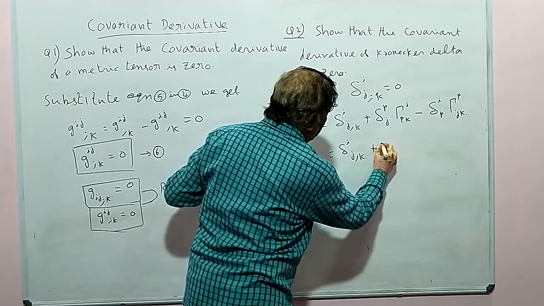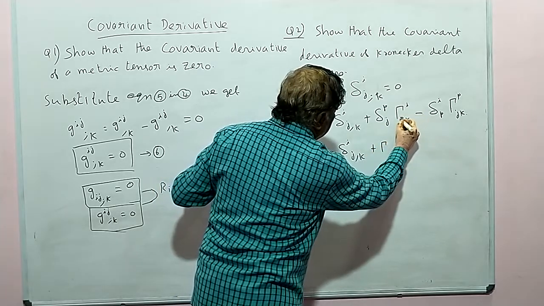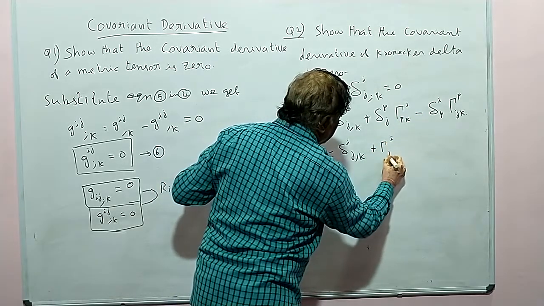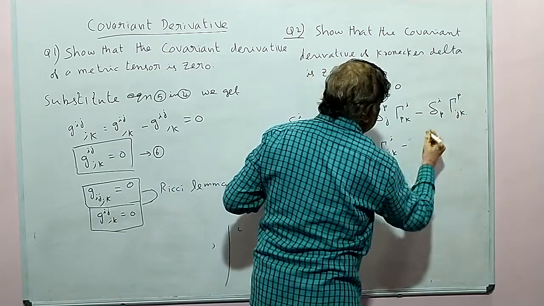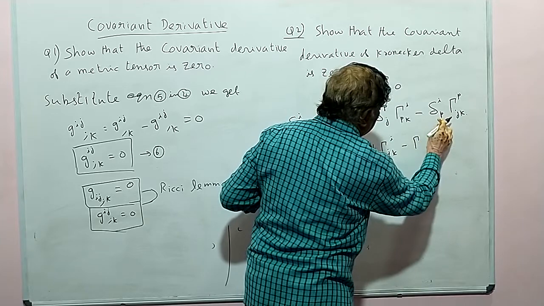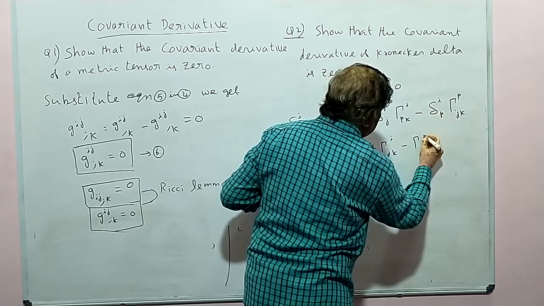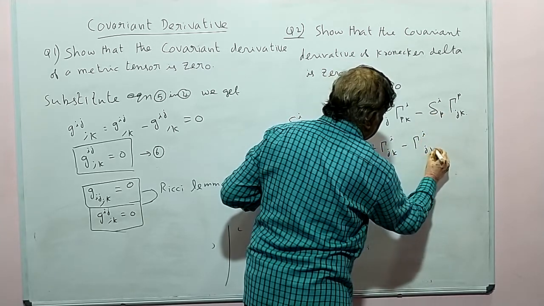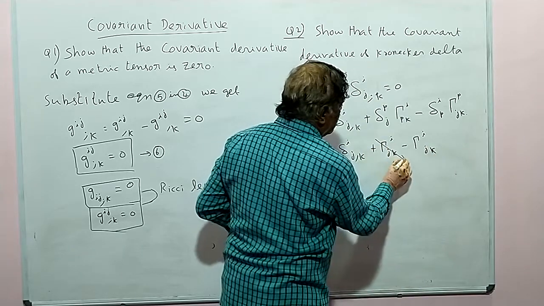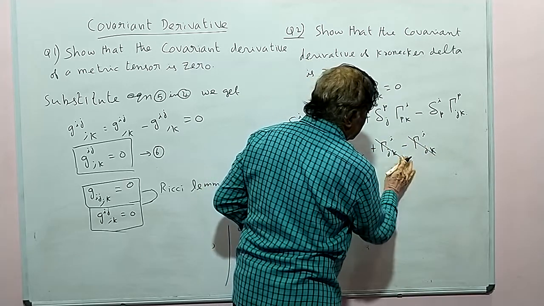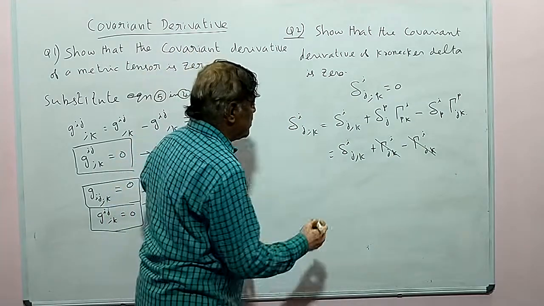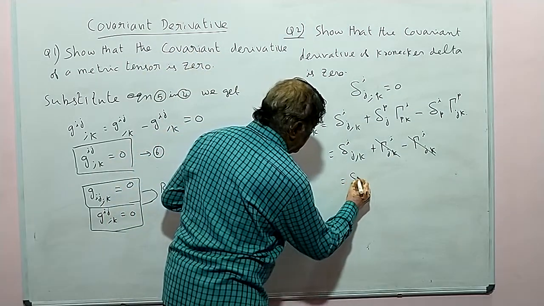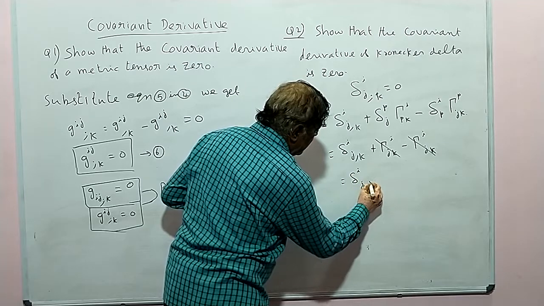Here gamma p must be replaced by j, ijk, and here also the non-vanishing term is gamma p must be replaced by i, so ijk. So these terms get cancelled, both are equal and opposite. So the final term is delta ij comma k.